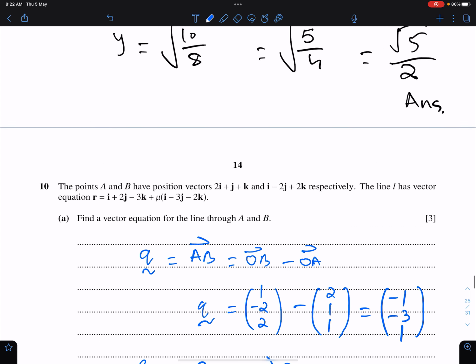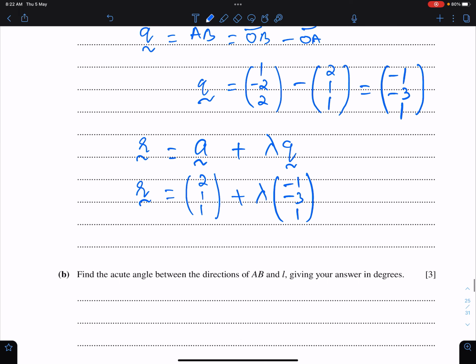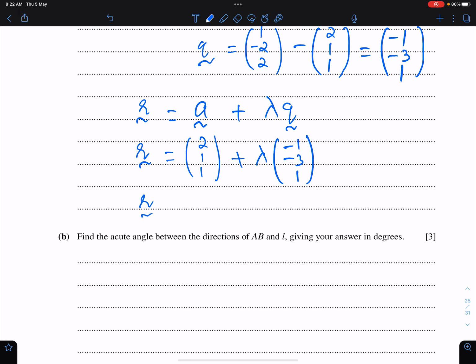Since the question is in i, j and k form, leave your answer in i, j and k form. 2i plus j plus k plus lambda times minus i minus 3j plus k. This is the equation of the line through A and B.